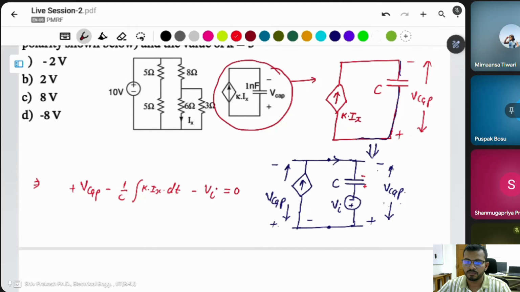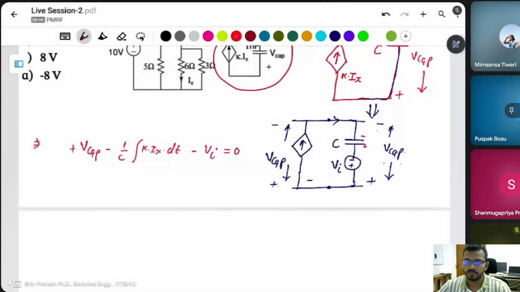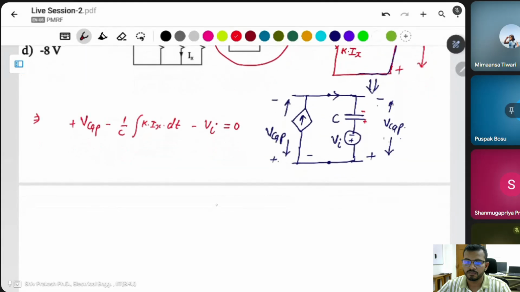In this case, the polarity is given, so take the polarity according to it. If a capacitor has an initial voltage, it is denoted as a capacitor and a voltage source.